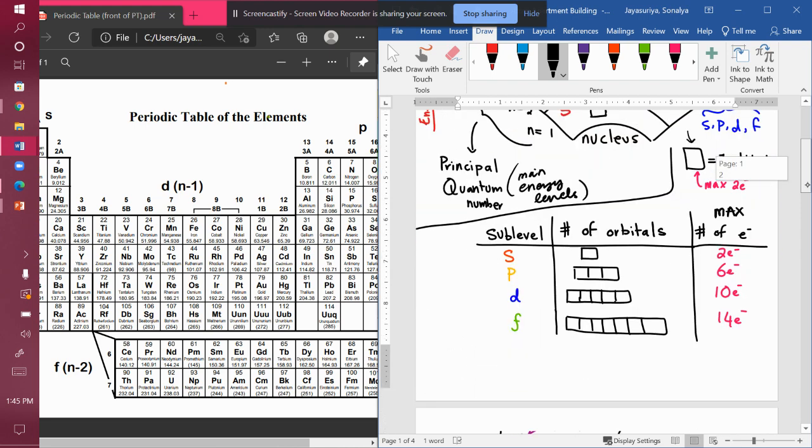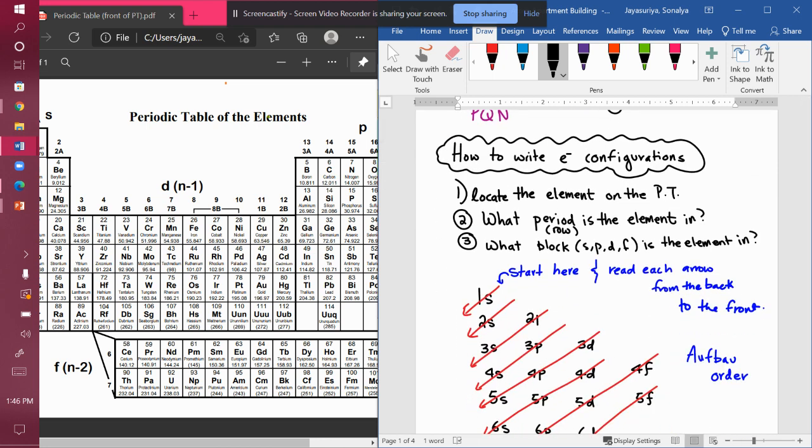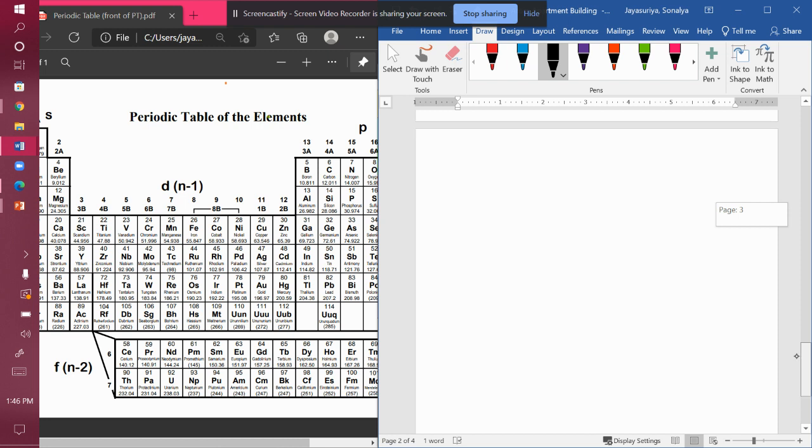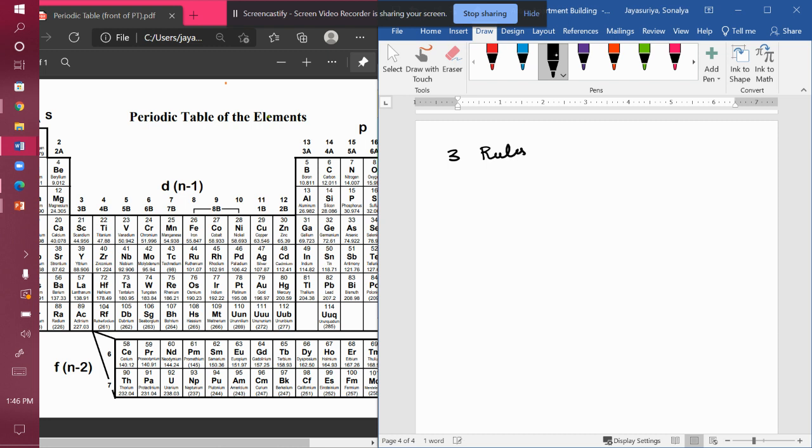Okay? Now, we are going to learn how to write electron configurations. I have the rules here, but there are 3 rules you have to follow for electron configuration.